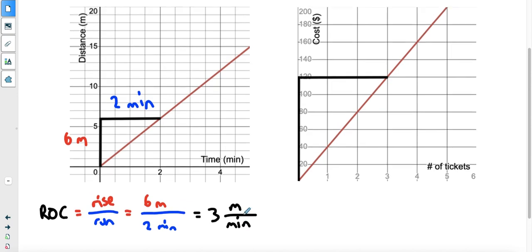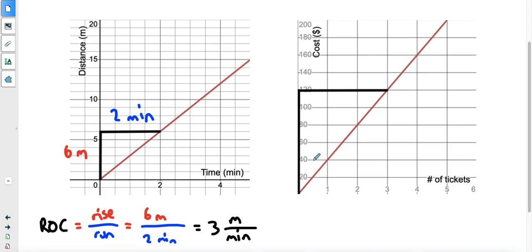Let's do another example. So for this one, to find the rate of change, we're going to do the exact same thing. We need to find the rise and divide it by the run. Well, the rise, let's take a look. This goes up to $120.